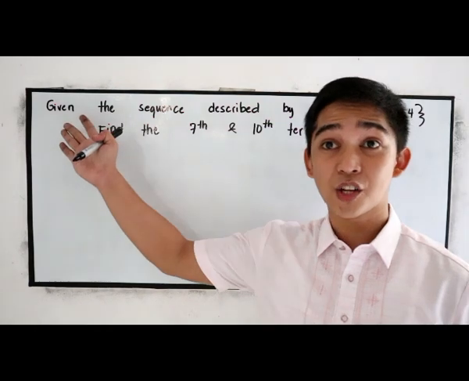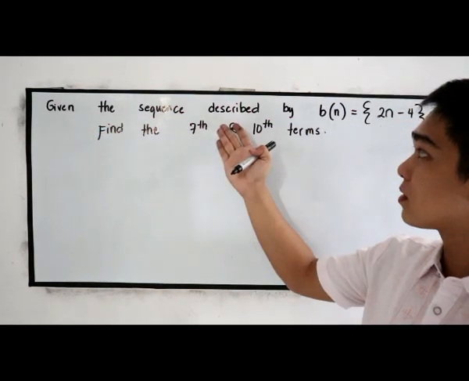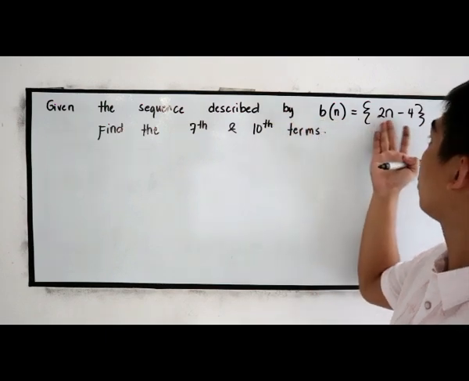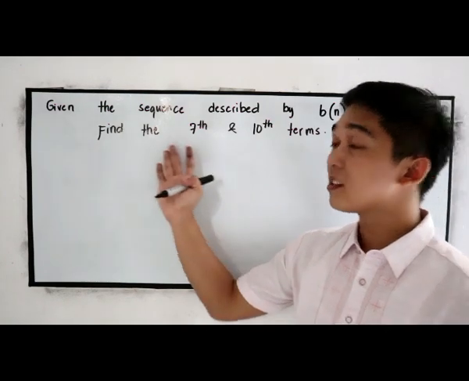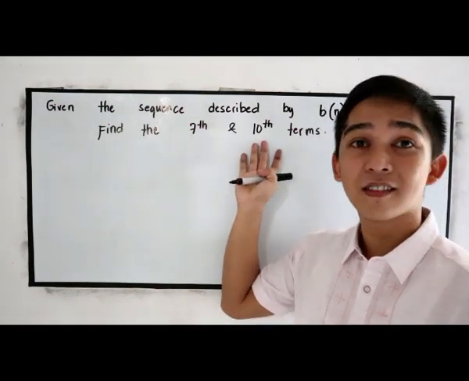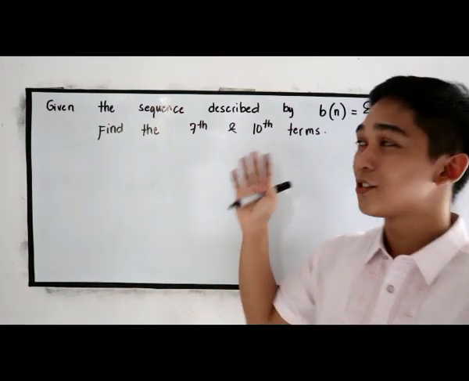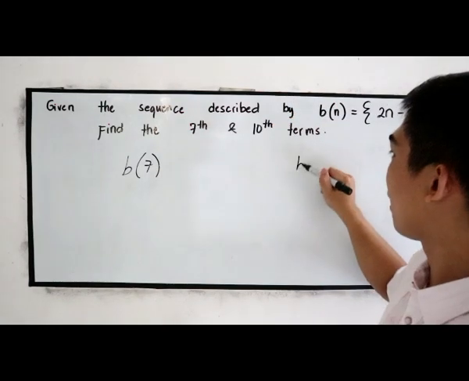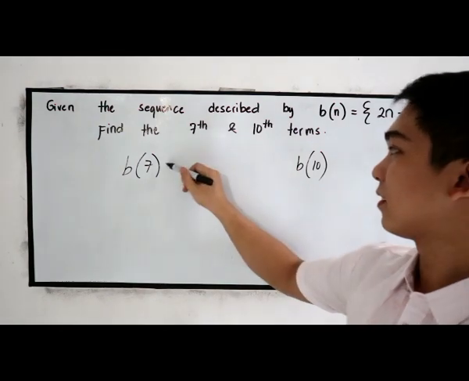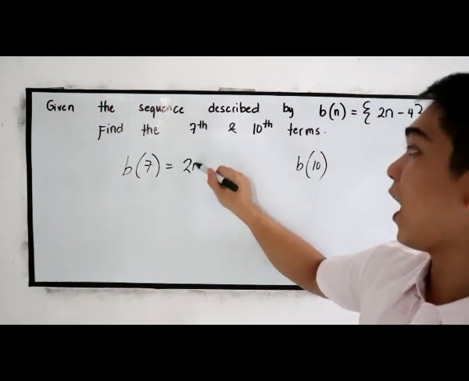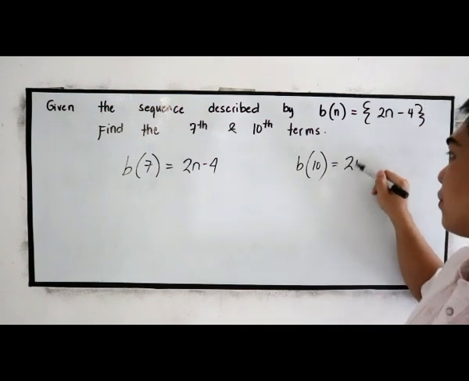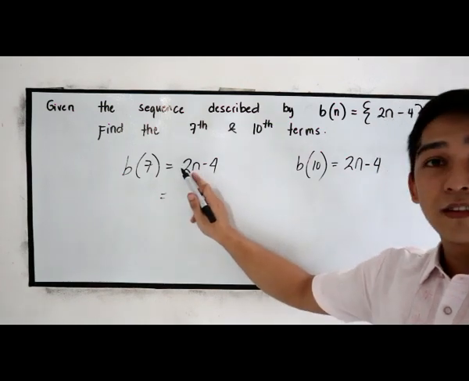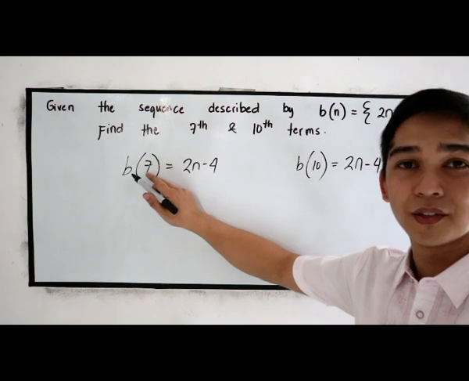And now our second example. Given the sequence described by b of n is equal to 2n minus 4. Find the 7th and the 10th term. So we're going to find b7 and b of 10. So copy 2n minus 4. Next, substitute n with our value.